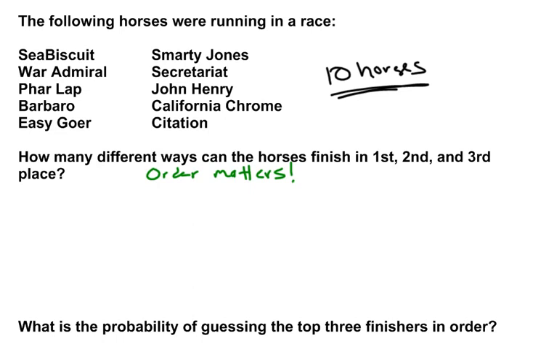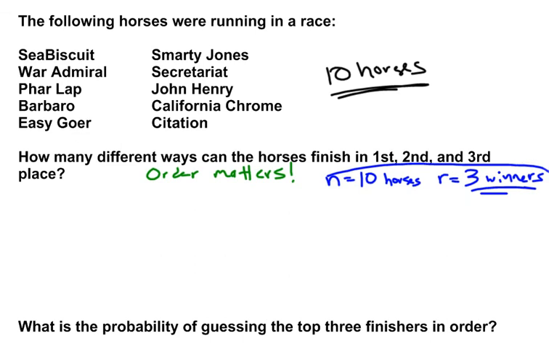I won't write up the formula, but we should be able to identify what n is and what r is. N is the 10 horses. And r we'll call the 3 winners, even though there's really only one winner, but we'll say first, second, and third all win prizes.